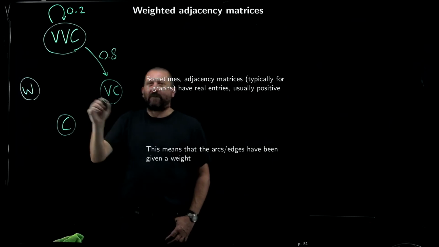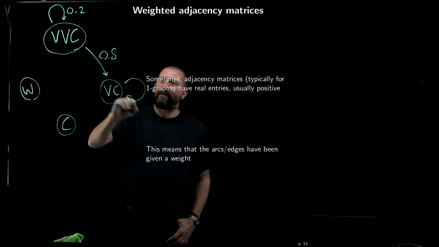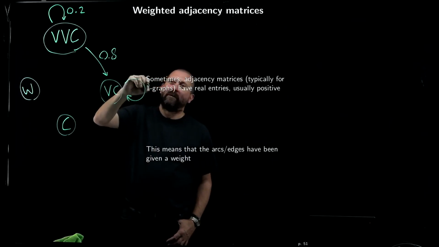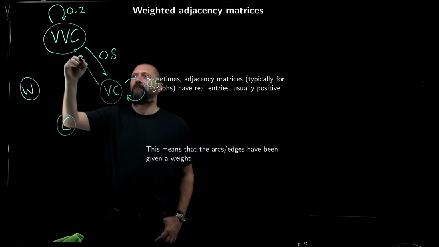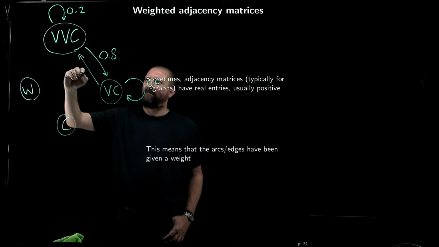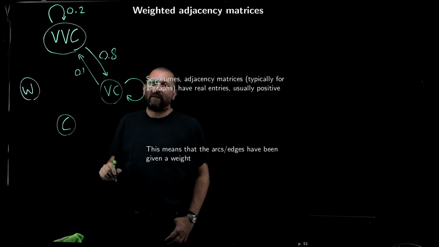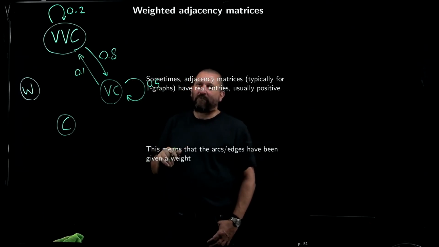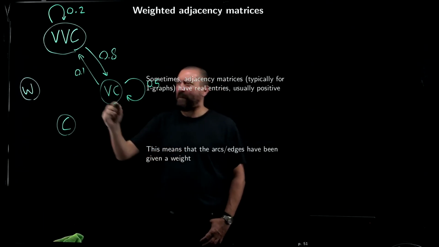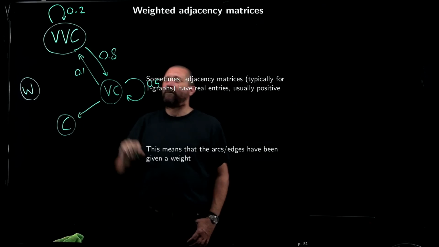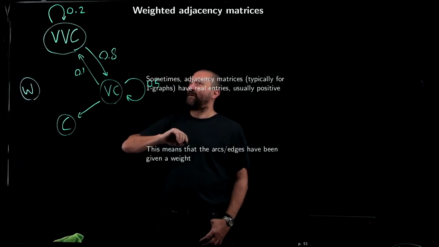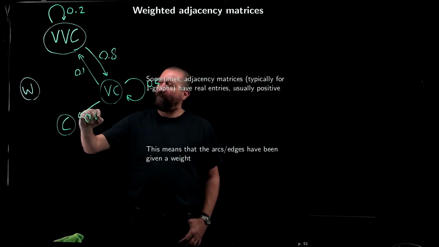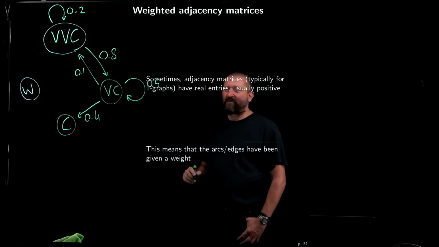If it's very cold, the probability that it remains very cold is 50%, and then with probability 0.1, I would switch back into a state where it's very, very cold. Then 0.4 would be cold.